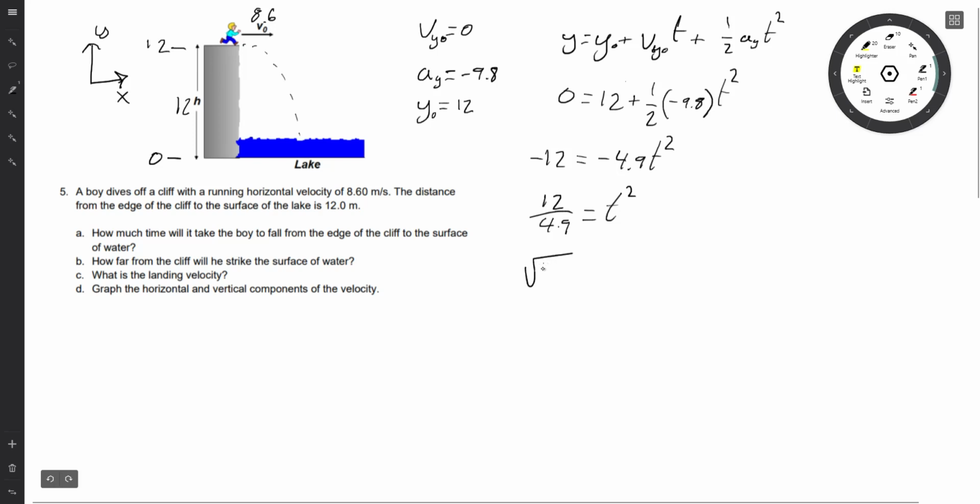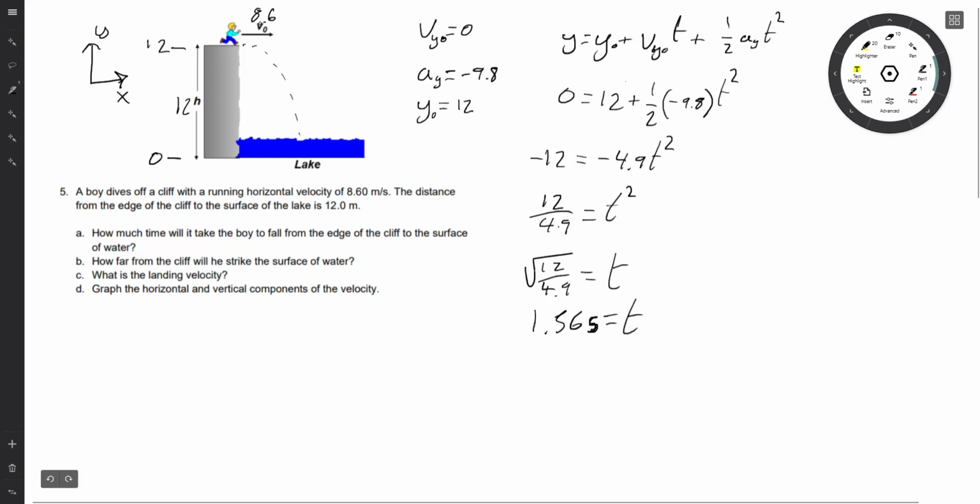So that means that the square root of 12 over 4.9 equals t. That ends up being 1.56, if we're going to 2 decimal places, 1.56 seconds equals time. And that's it. That's how long it takes the boy to reach the surface of the water.